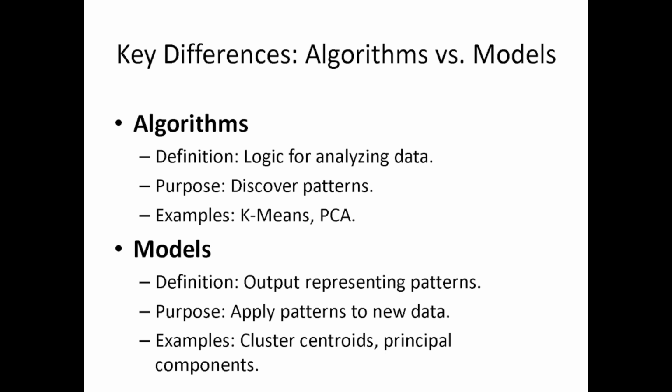This distinction is key to understanding how machine learning operates. As you can see, algorithms are the logic for analyzing data, but models are the output that represents patterns. Their purposes are different from each other. Algorithms are used for discovering patterns, while models are used to apply patterns to new data.